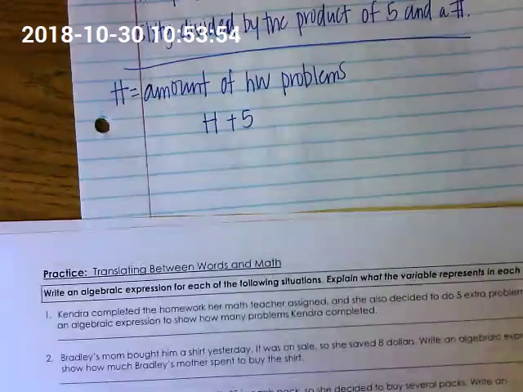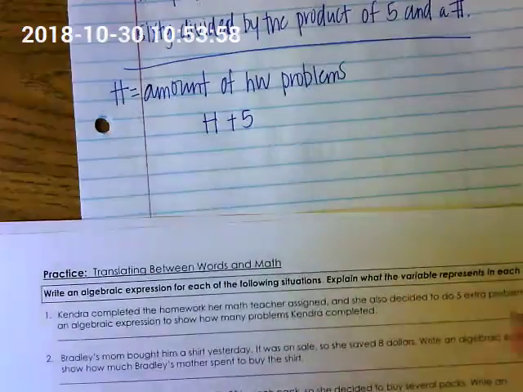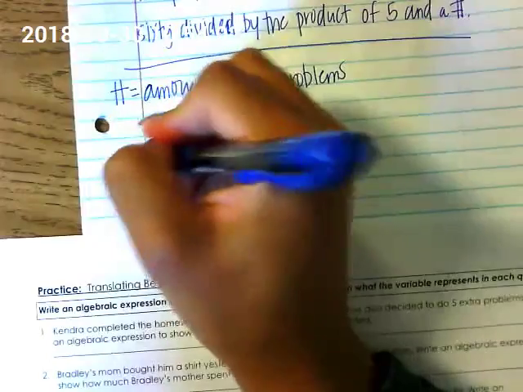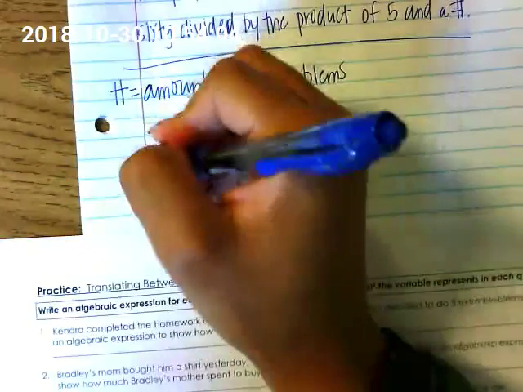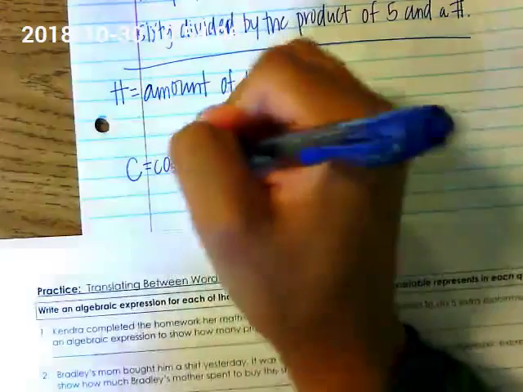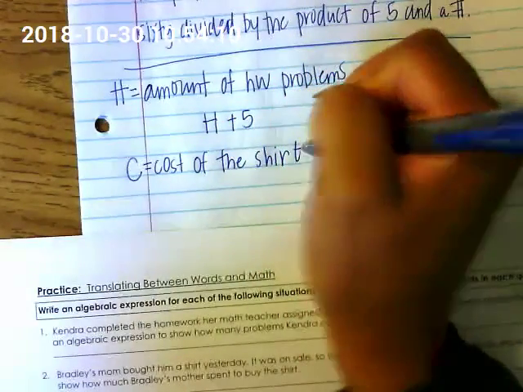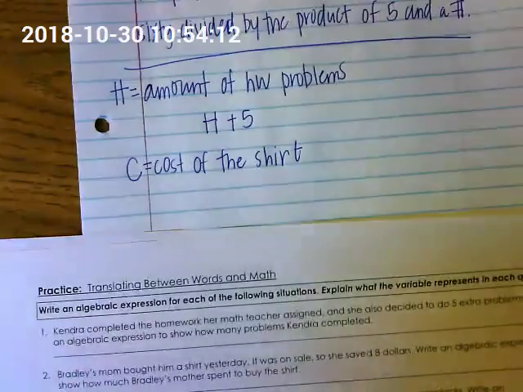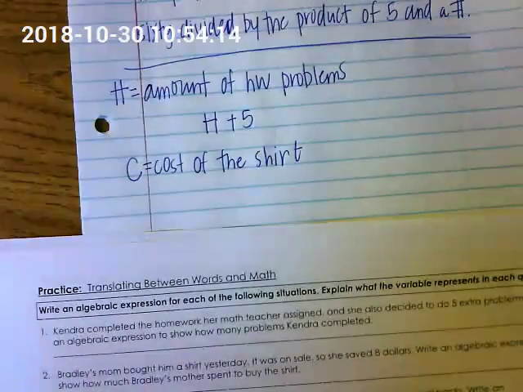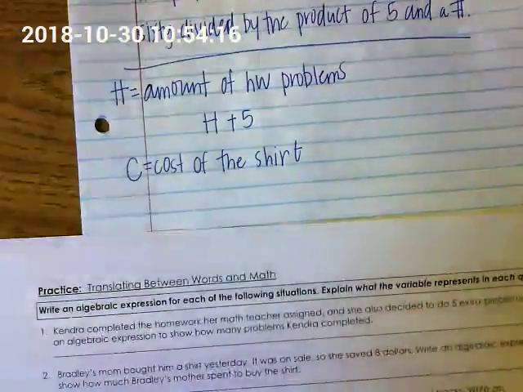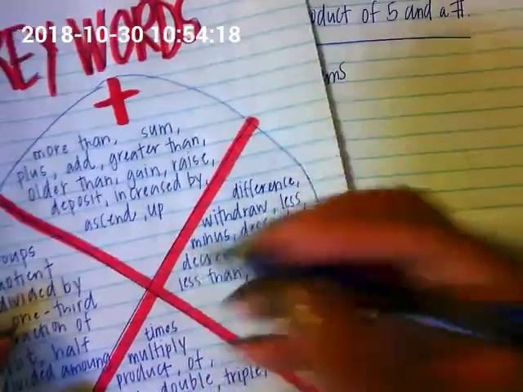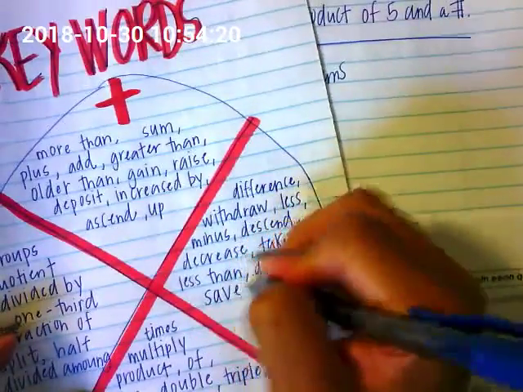So what do we not know? The cost of the shirt. What do we want to call the cost of the shirt? C. All right, so C is going to be the cost of the shirt. And I think another word you can add to your list for subtraction is saved.